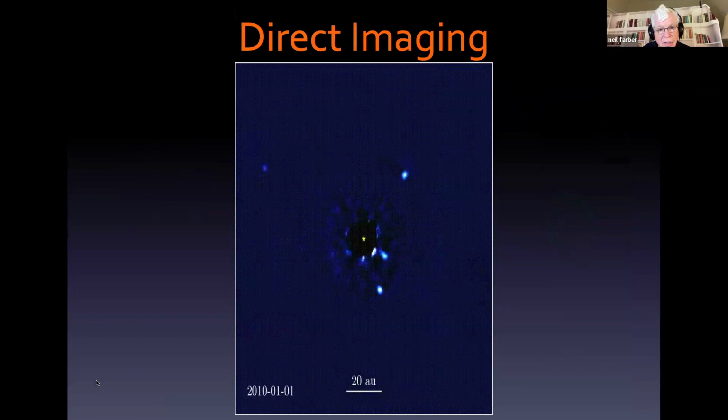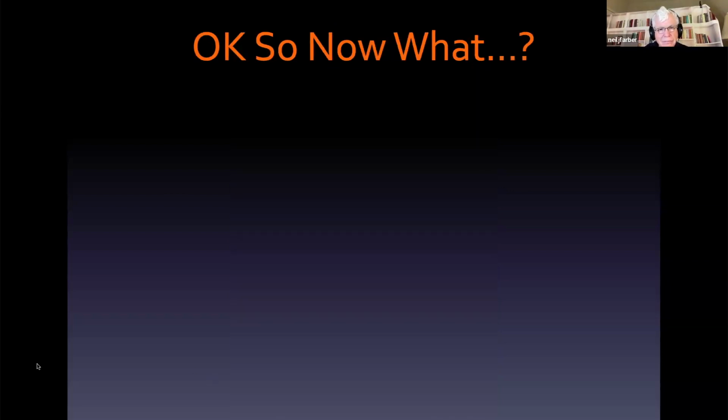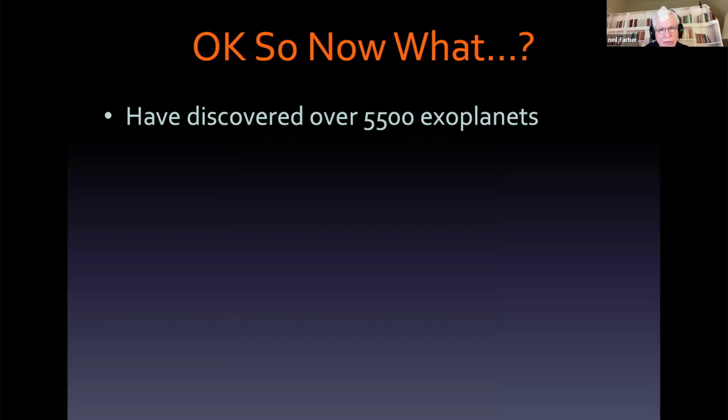And this is an actual video based on that. If you see the central yellow star-like thing, that's the coronagraph. But those 4 dots that are orbiting it are exoplanets that have been seen. So we've discovered, like I said, about 5,600 exoplanets.